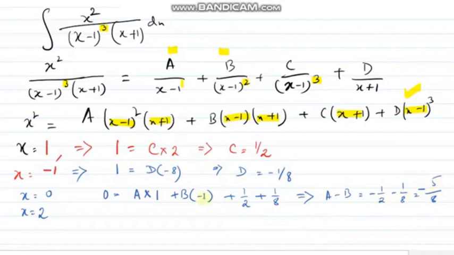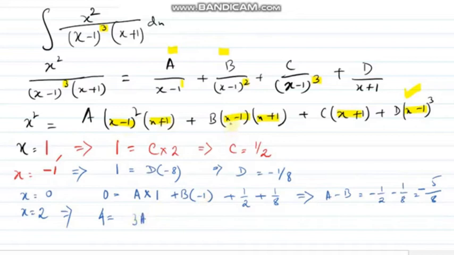That's my one equation. If I take x equals to 2 — it's not mandatory to take 0 and 2, we are taking them to make our calculation easier. So if I take x equals to 2, this side it will be 4. 2 minus 1 whole square is 1, and 2 plus 1 is 3, so it will be 3a.